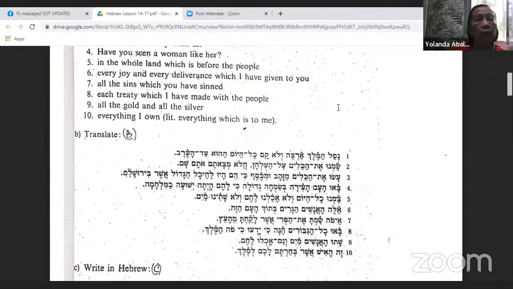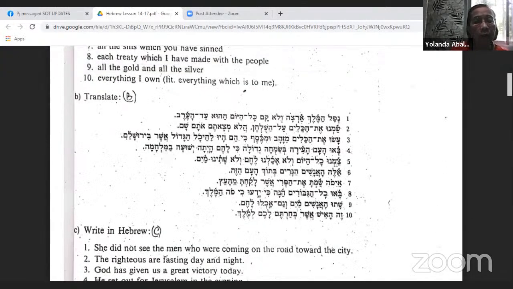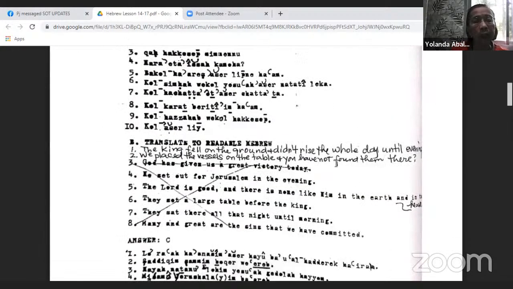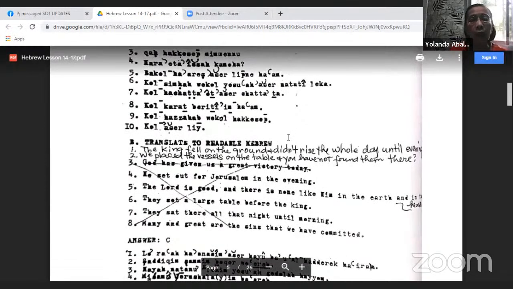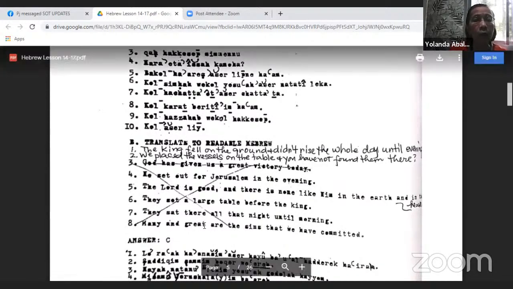I think it got lost. The B. Because you are supposed to translate it yourself. The king fell on the ground and did not rise the whole day until evening. I do not know why it was crossed. Number 2.